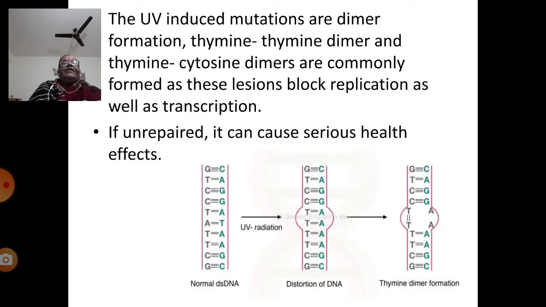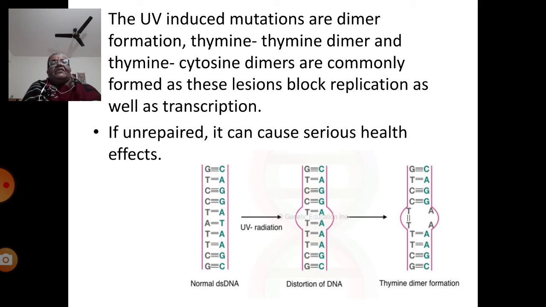And the UV induced mutations are normally dimer formation like thymine-thymine dimer or thymine-cytosine dimer, which are commonly formed. These lesions block replication of DNA as well as transcription. So if not repaired, they cause serious health effects.